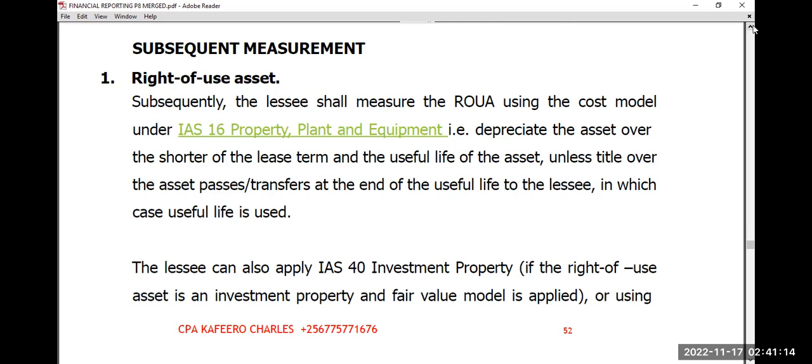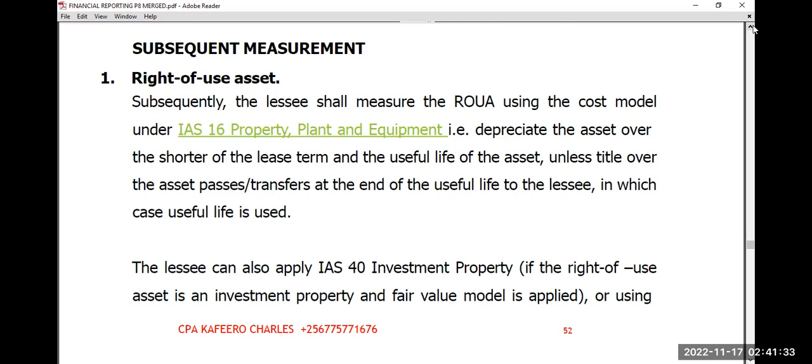So if the person is not going to acquire the asset at the end of the lease term, then we expect the asset to be depreciated using the shorter of either the lease term and the useful life.